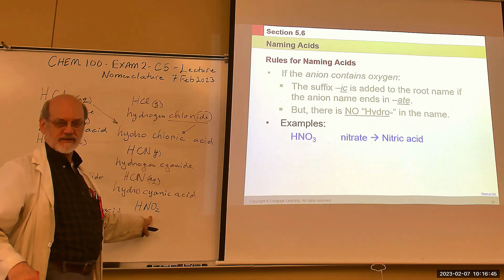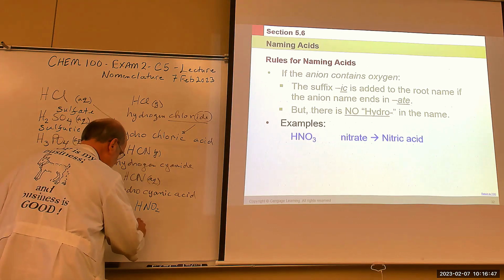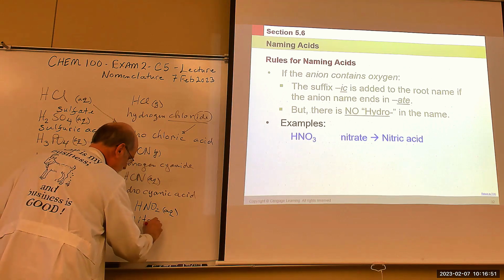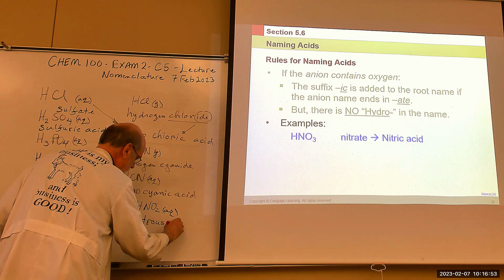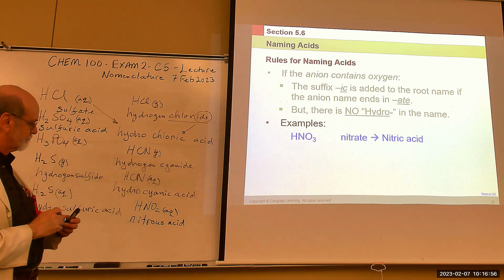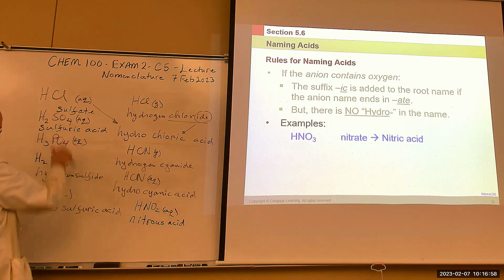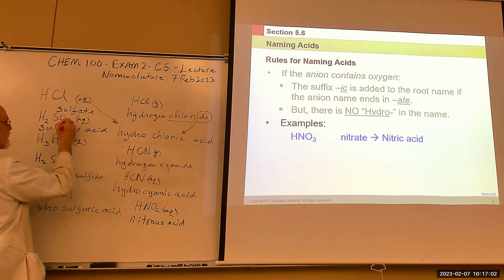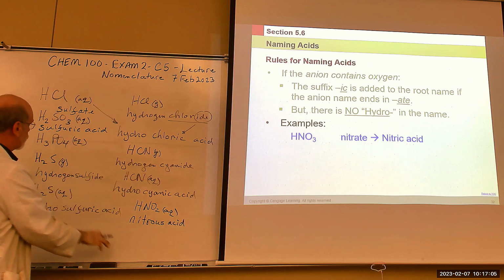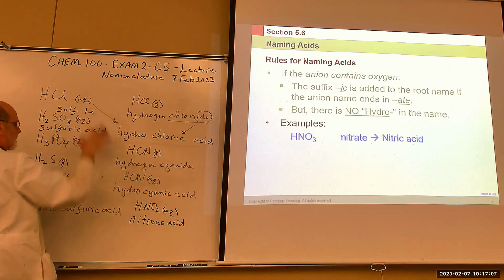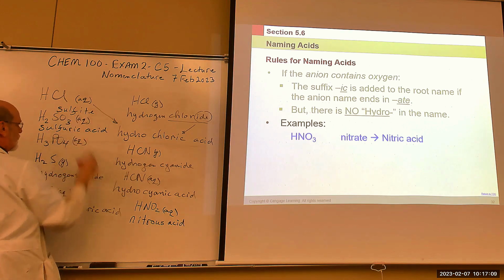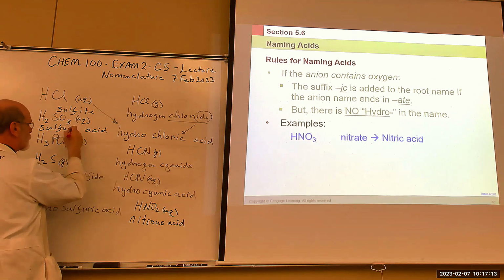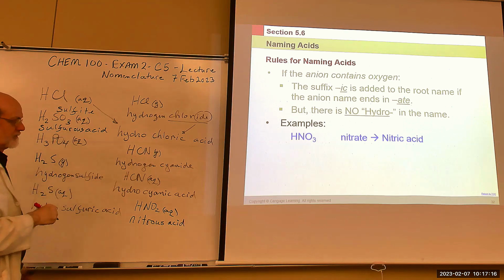Ites become ous. So this would be, that's aqueous, nitrous acid. Okay. What if we had this one here instead of that? We'd have SO3. SO3 is sulfite. So in that case, it would be sulfurous acid.